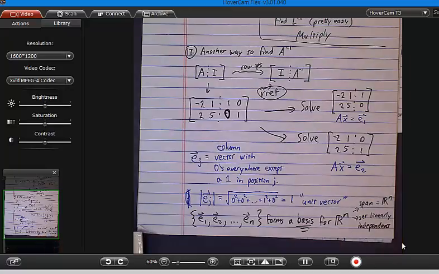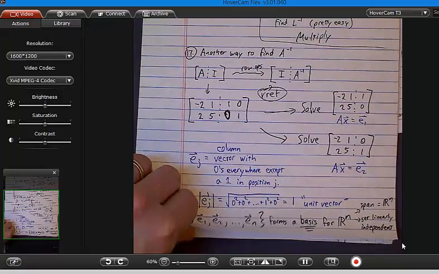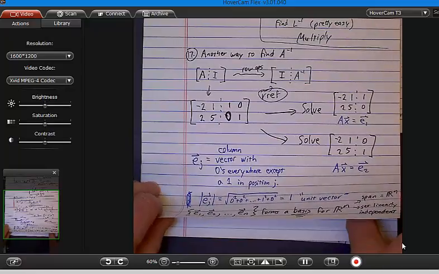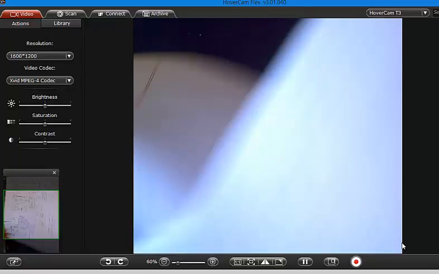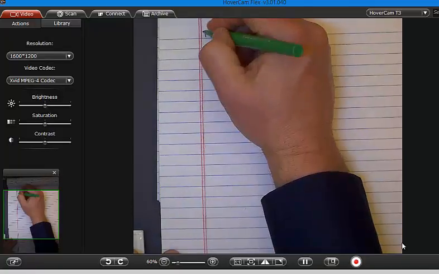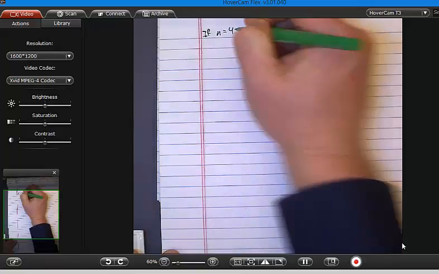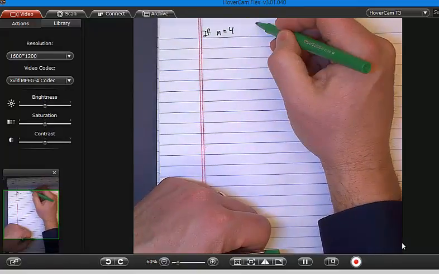So I'm going to show you how this forms a basis, and I think it's probably best to use n equals 4. So if n equals 4, then my vector E1 looks like this.